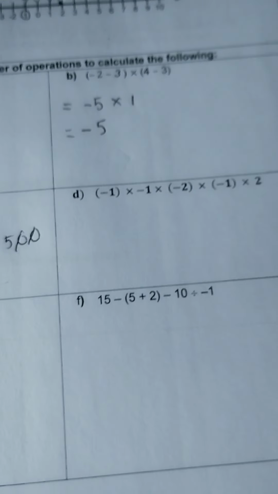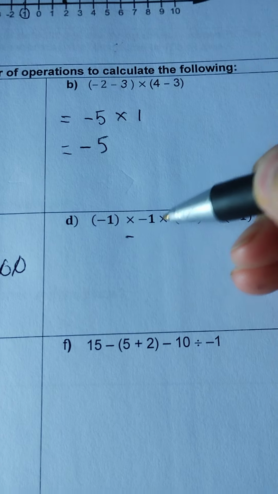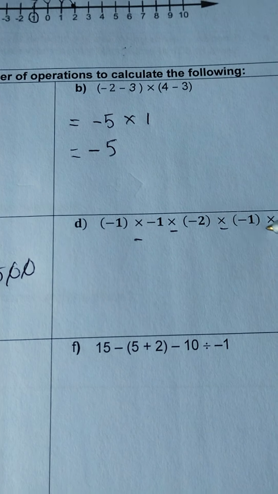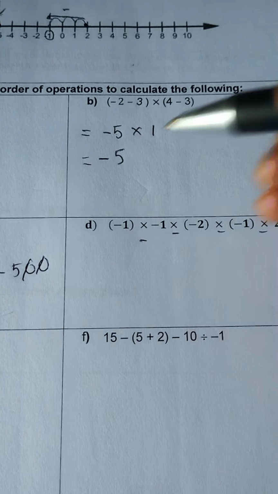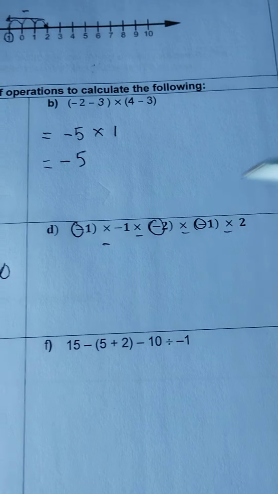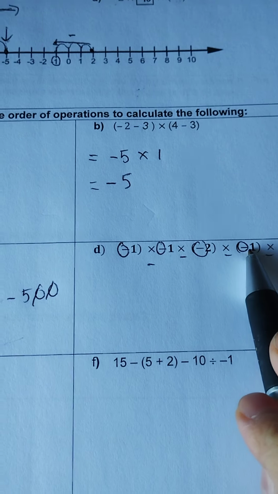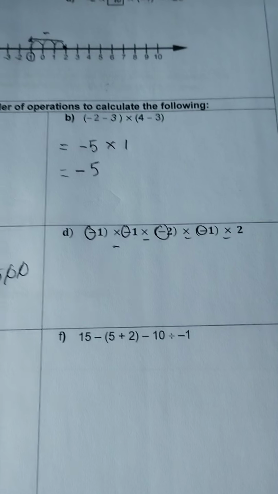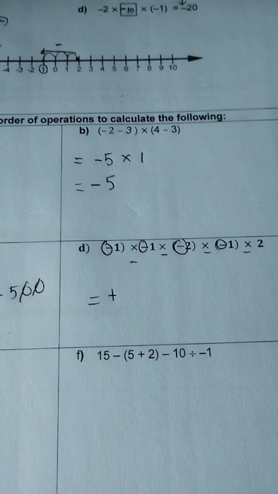So with D, check everything is being multiplied. There's a times, and times. Nothing's being added or subtracted. So in that case, I'm going to count all my negatives. 1, 2, 3. Oh, and there's one there, sorry, 4. So I've got 1, 2, 3, 4 negatives. 4 is an even number, so my answer will be positive. I'm just putting positive to emphasize I've taken care of that.